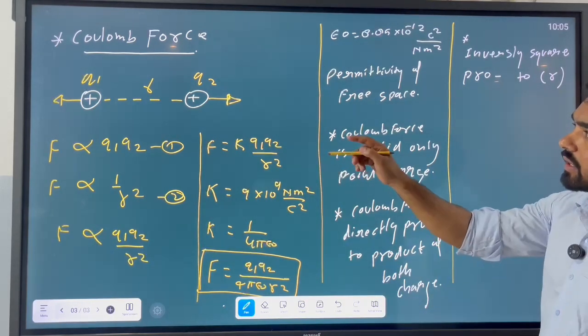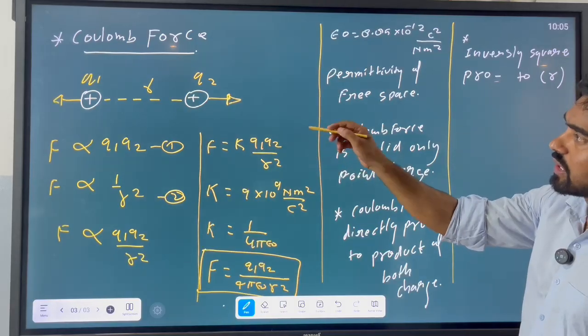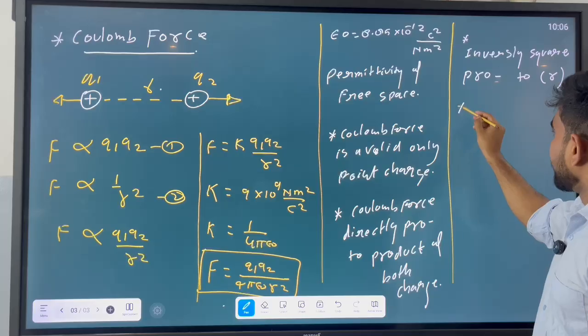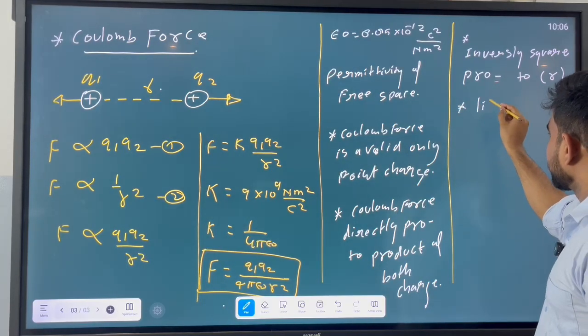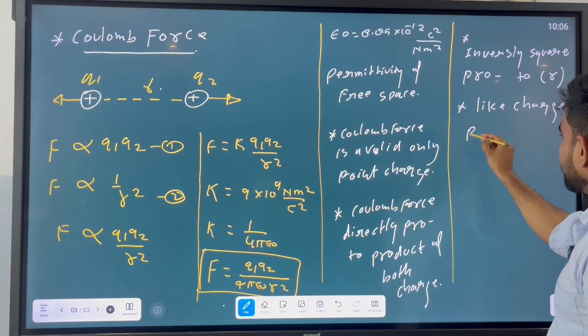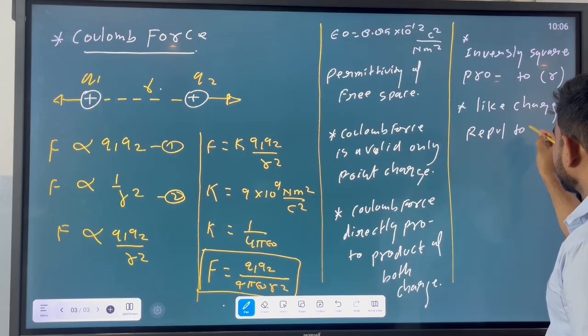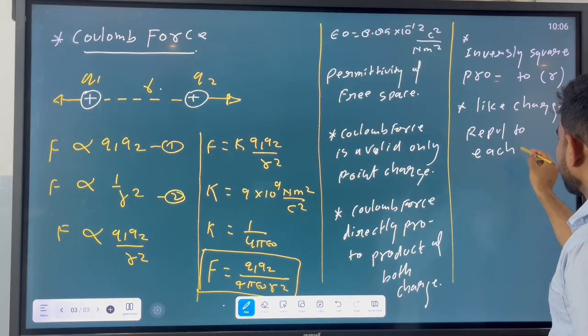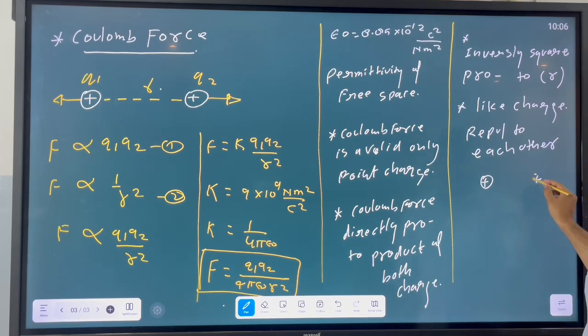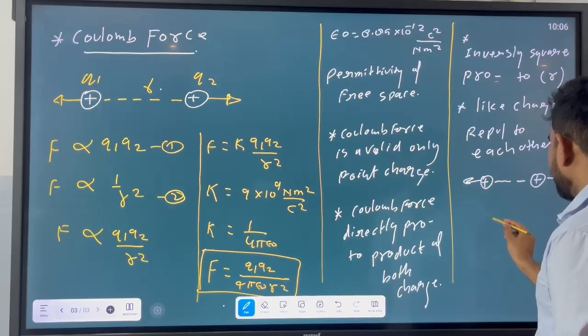Coulomb force is inversely proportional to r square. Like charges repel each other. Suppose this is positive and this is positive; in this situation both charges repel each other.